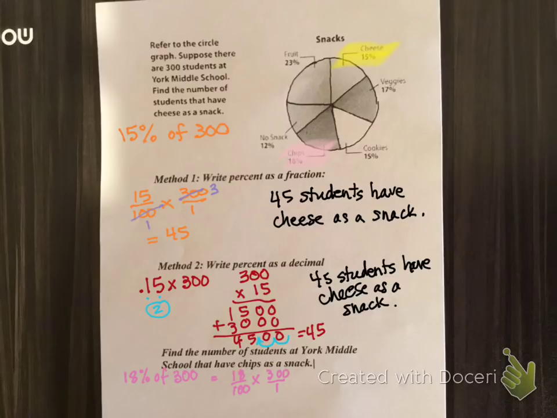And then 100 goes into itself once and into 300 3 times. And so what I'm left doing, if I can't do it in my head, I can do it off to the side, is multiplying 18 by 3. So I get 24, 3 and 2 is 5. So then I would say 54 students have chips as a snack.